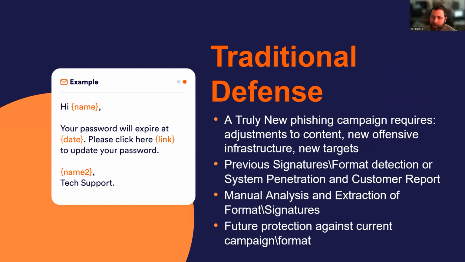So how do traditional defenses work? First of all, it assumes that in order to create a new phishing campaign, it will take a lot of effort, meaning you have to create content, you have to build offensive infrastructure, for example, the email service you're going to send emails from, you need new targets, etc. And usually it's difficult to get a hold of all of these aspects, and attackers reuse existing elements from their previous attacks.